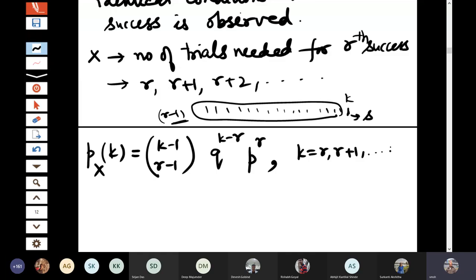You are fixing n as the number of trials, and the random variable is the number of successes. In the negative binomial distribution, the number of successes is fixed, that is, you say I need r successes, and how many trials will be needed for that is the random variable. So it is a different, negative way of looking at the binomial distribution, or an inverse way of looking. That is why this distribution is known as the negative binomial distribution or inverse binomial distribution. These are the names that are given for this.